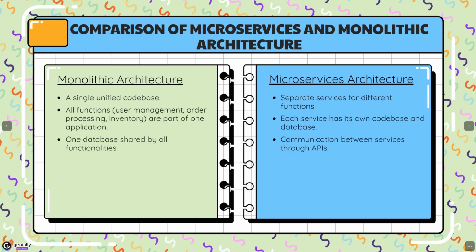All functions such as user management, order processing, inventory are part of one application and one database shared by all functionalities. On the other hand, in microservices architecture, there are separate services for different functions. Each service has its own code base and database, and communication between services can be done through APIs.